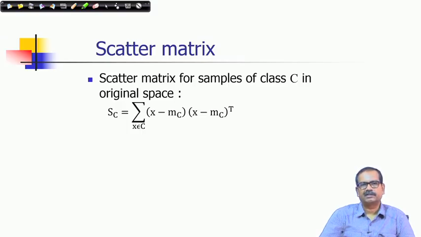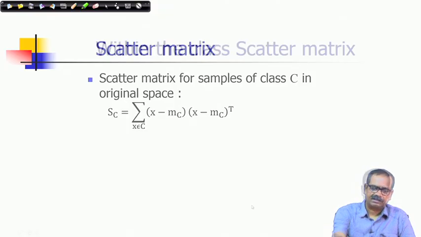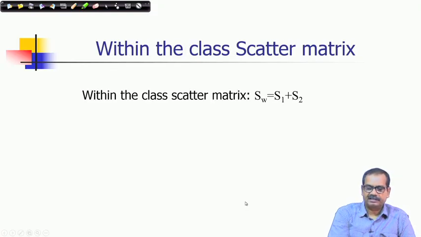This is the outer product, and the sum of them will give you the scatter matrix. The within-class scatter matrix is defined from the scatter matrices S1 and S2; the sum of S1 and S2 is the within-class scatter matrix.